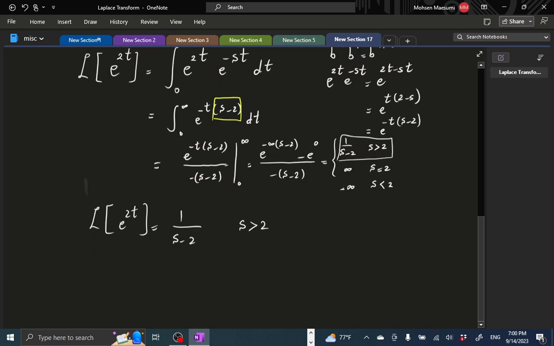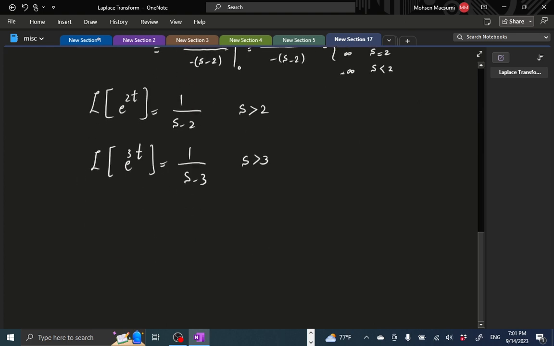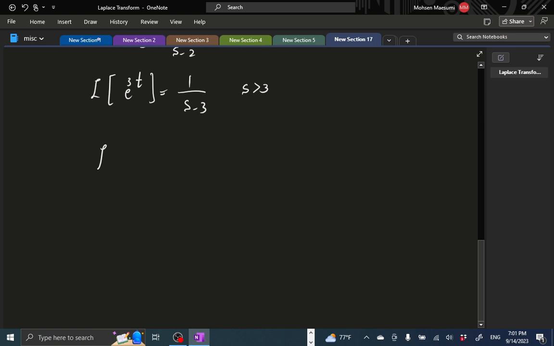You can easily guess that if I had exponential of 3t, this would have been 1 over s minus 3, and then s had to be larger than 3, and so on. So long as I have a constant, so if a does not depend on t, this is going to be 1 over s minus a, provided that s is larger than a.